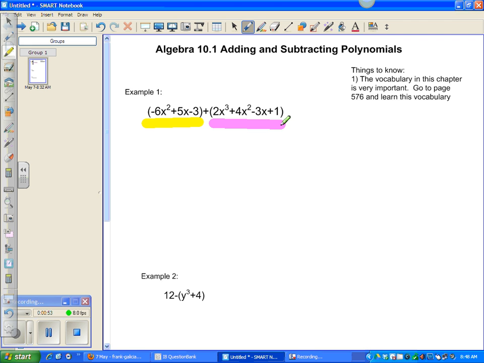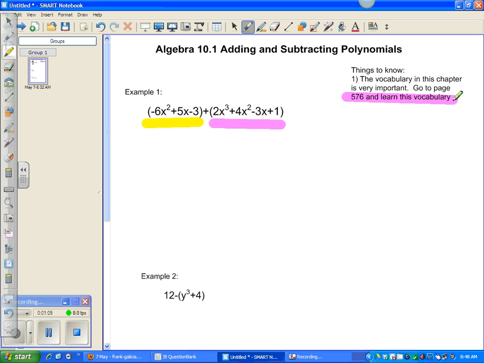And one of the things you need to know is, if you go to page 576, you really need to learn the vocabulary, or you won't be able to be successful on this exam, because it asks questions in terms of the vocabulary.